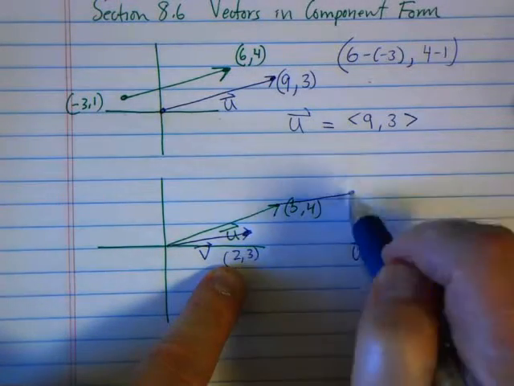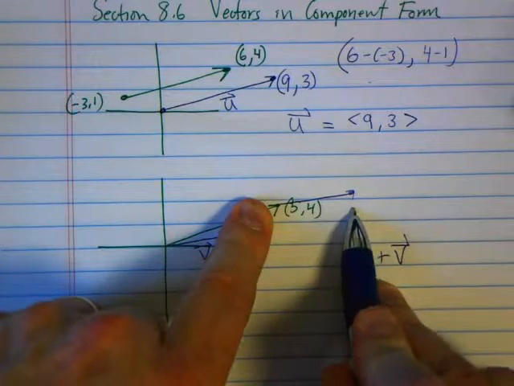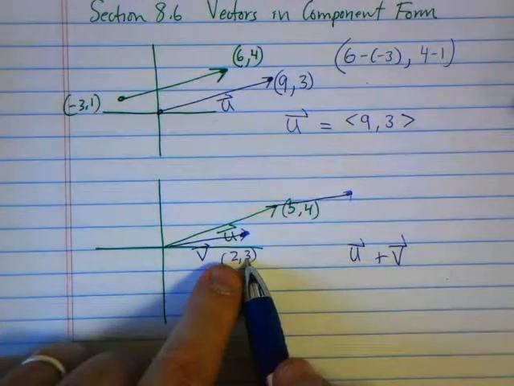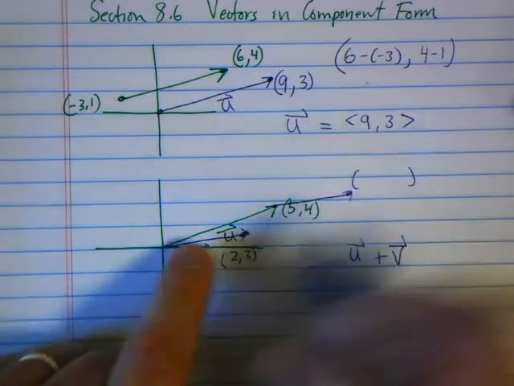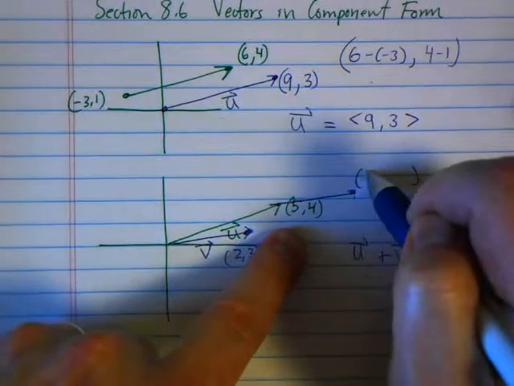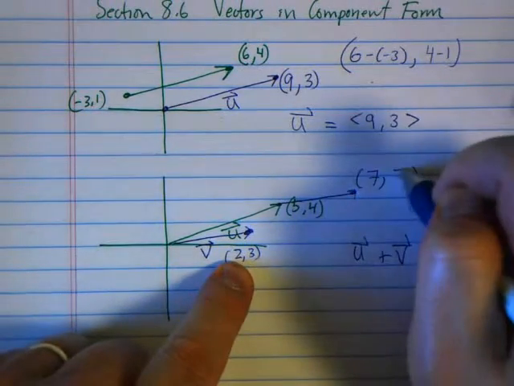The vector v goes 2 more to the right and 3 more up. I didn't draw it very well to scale. So if this goes 2 more to the right, it's going to be at 7. And if it goes 3 more up, it's also going to be at 7.